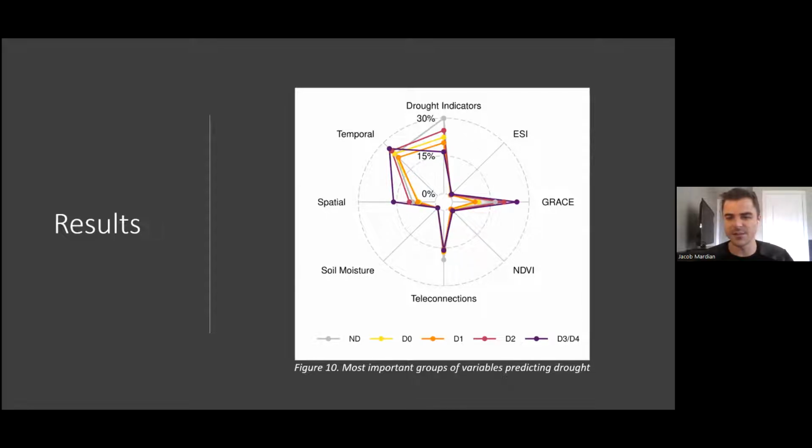It's a satellite that can measure total water storage. And actually, we're estimating groundwater levels. And it's quite important in predicting drought, but especially those more severe droughts, right? The D2 through D4, which really tells us that the most severe forms of drought on the prairies are characterized by groundwater shortages, and these can be detected from space.